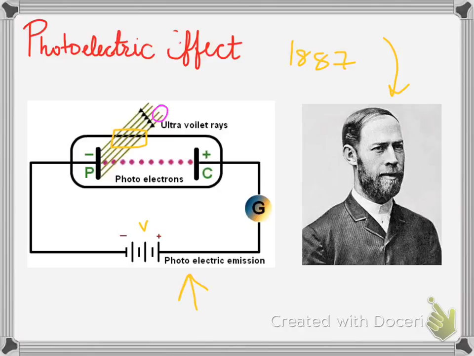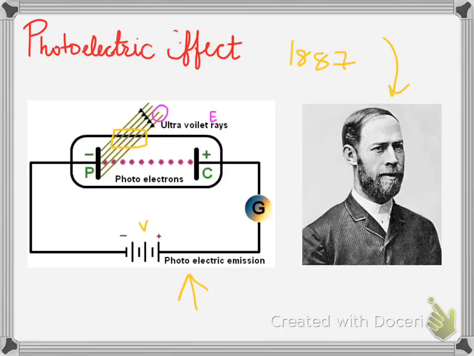So what was happening here was that light had energy in it. Whatever these ultraviolet rays have, some kind of energy, let's say E, and this energy E was enough to break through the atomic attraction between the nucleus and the electrons, and thus the electron could break free and come out of the plate.